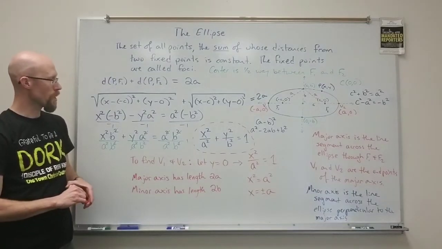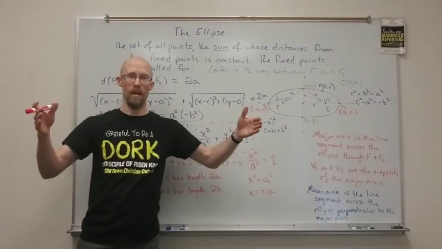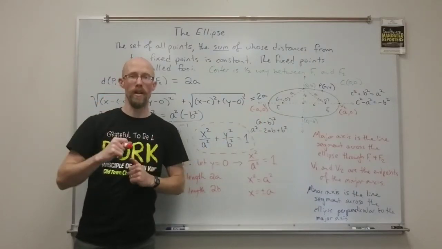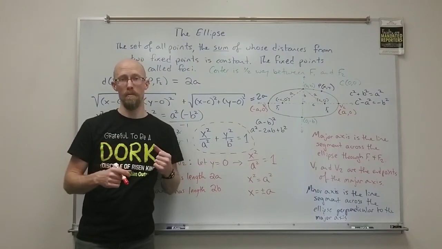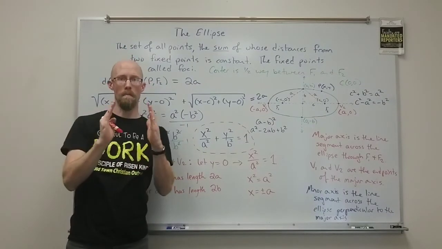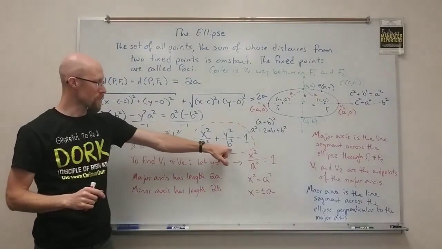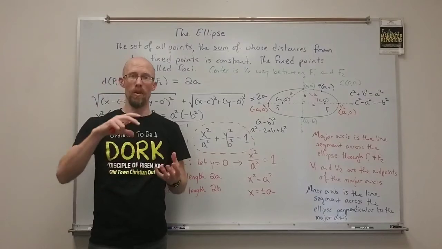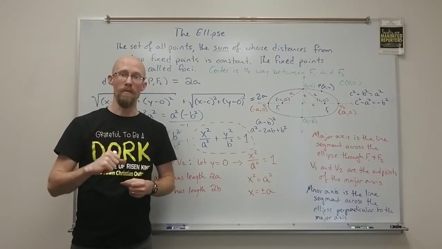Now that's true whenever the a value is bigger than the b value. You get this longer x direction than the y direction. But if you flip those, if the b value happens to be bigger, then it's the major axis that's in the y direction and the minor axis in the x direction. All right, so whichever one of these is bigger gives you the orientation of the ellipse itself, okay?